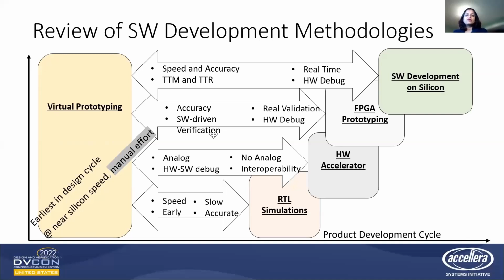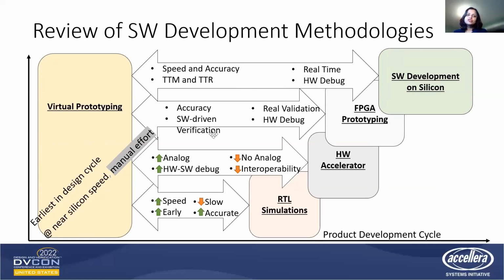A quick comparison of different methodologies with respect to virtual prototyping shows the RTL simulations, although accurate, are extremely slow as compared to virtual prototyping. As per hardware acceleration, there is no analog modeling feature available, and its interoperability with software is also challenging.